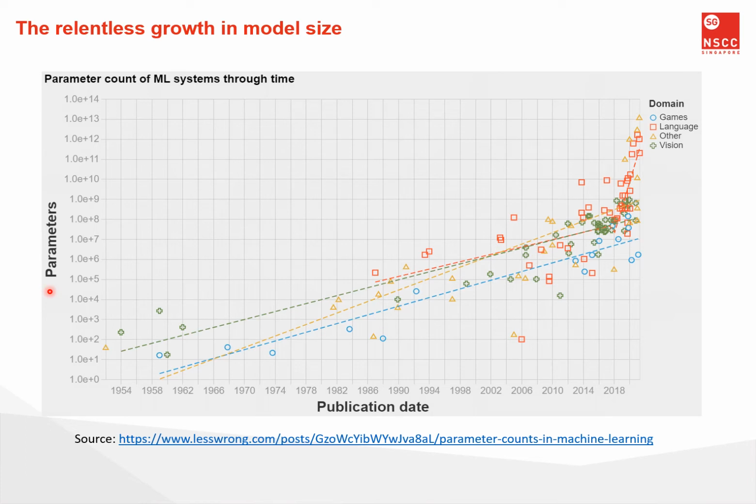In a deep neural network, every single parameter is a weight. Back in the 1950s, we were only talking about 10 to the power of 2, which is like 100 weights in total in the neural network. But as time goes by, you see that the number of weights keeps increasing.